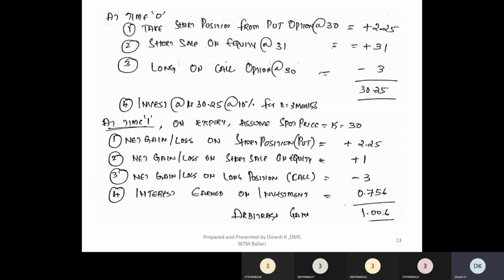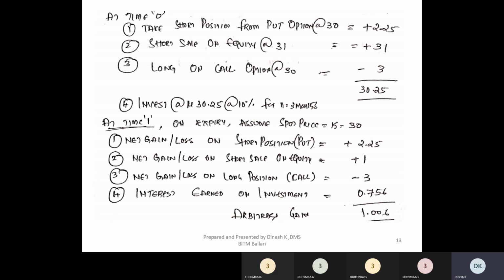So when you take a short position on a put and you are receiving the premium of 2.25, you have an obligation to buy, whereas a put buyer, who pays a premium of 2.25, has a right to sell. And when will he be selling? When the price decreases in the market, he will sell to the put seller. When the price decreases, the put buyer will come and sell at that 30.